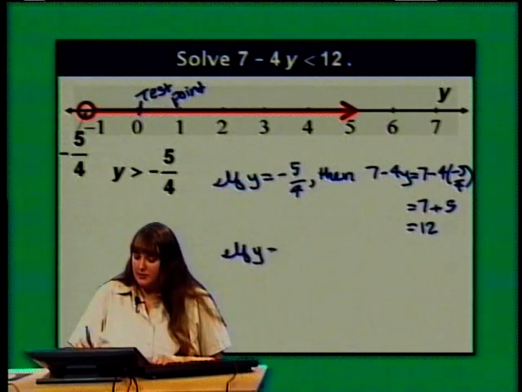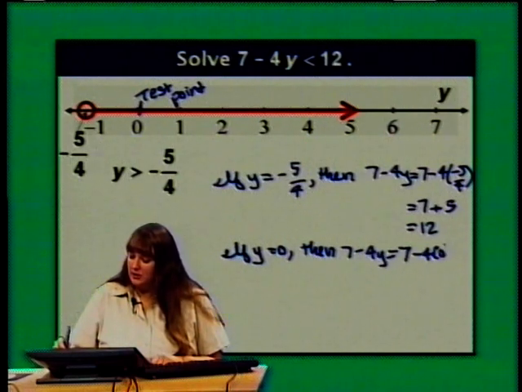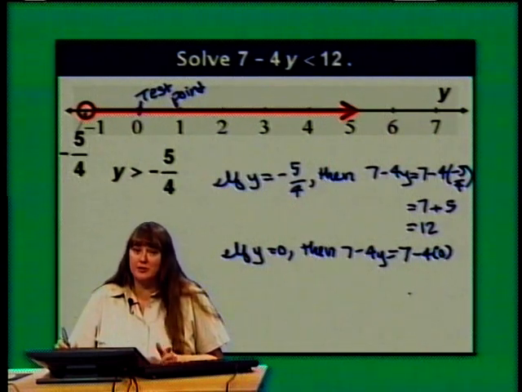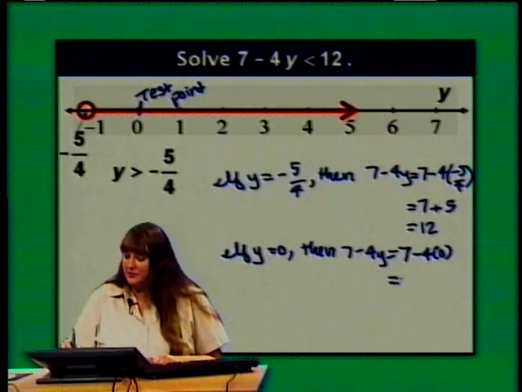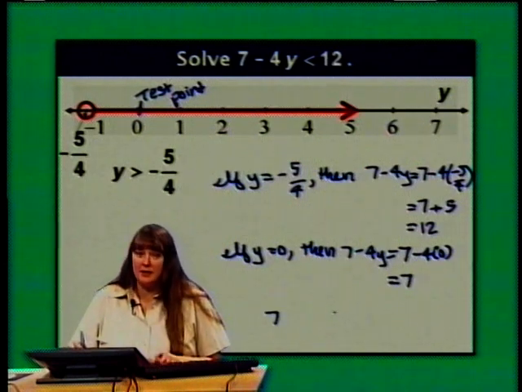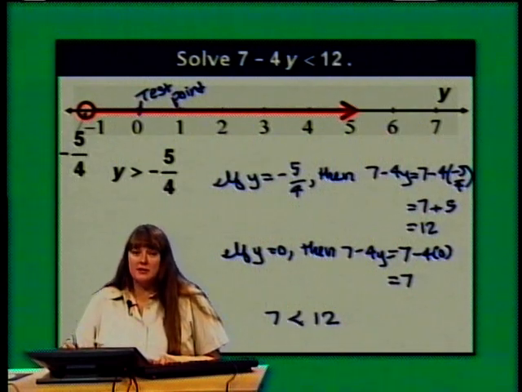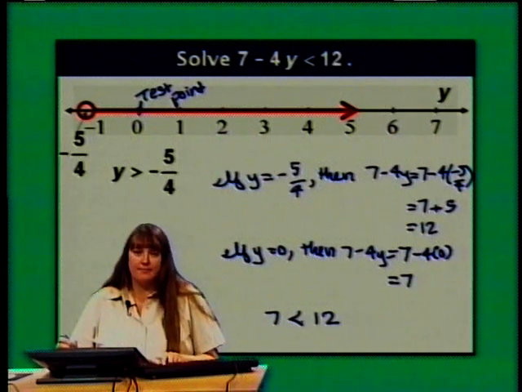If y equals 0, then 7 minus 4y is 7 minus 4 times 0. 4 times 0 is 0. 7 minus 0 is 7. And now I need to compare 7 on the left with 12 on the right. 7 is less than 12, so the sense of my inequality is correct. So it looks like my solution set checks.